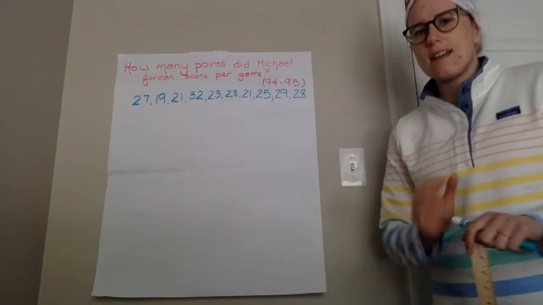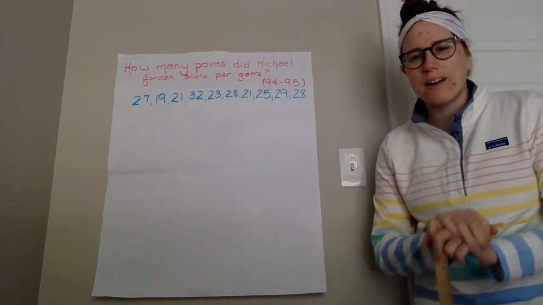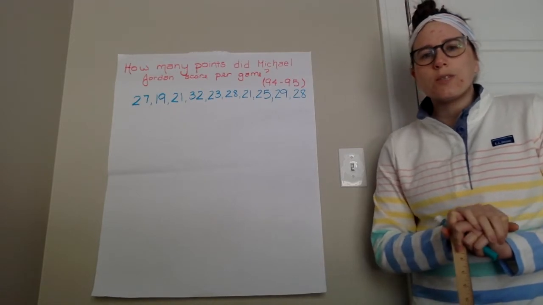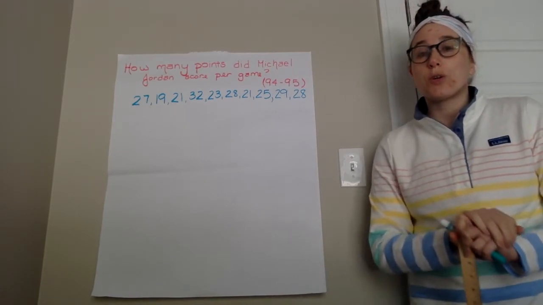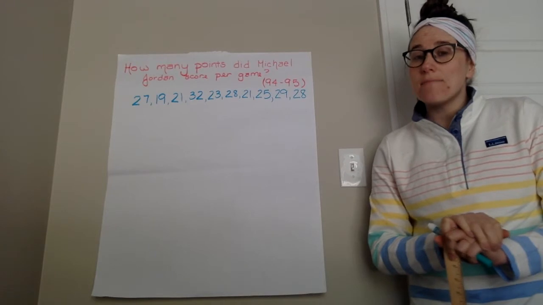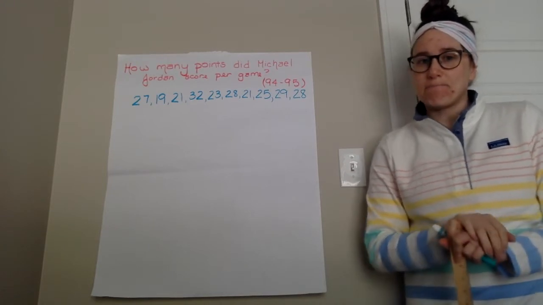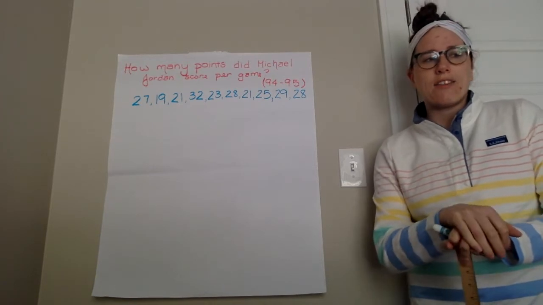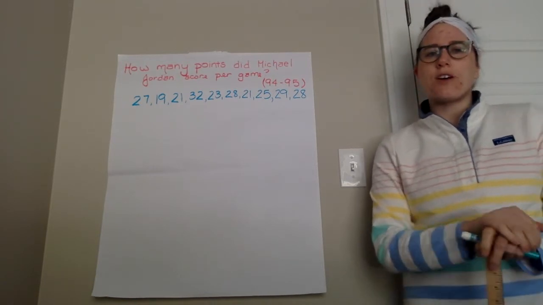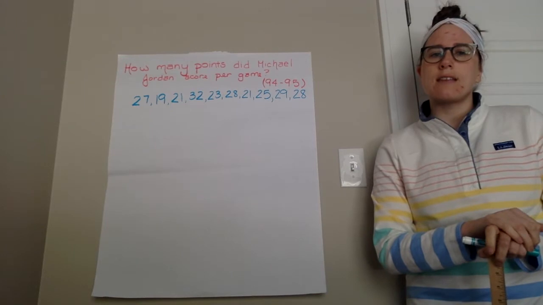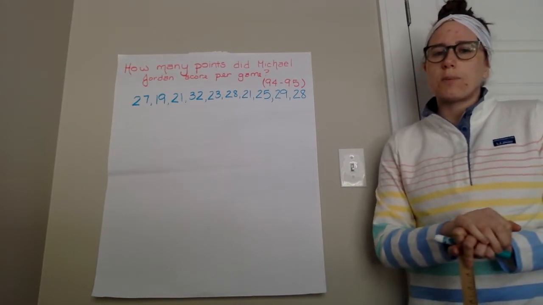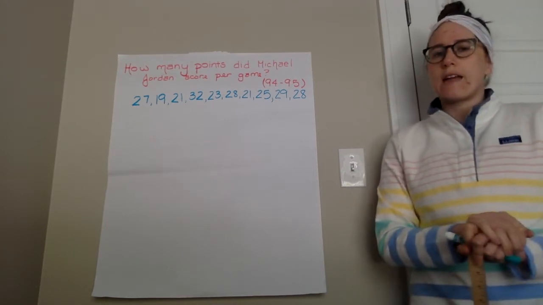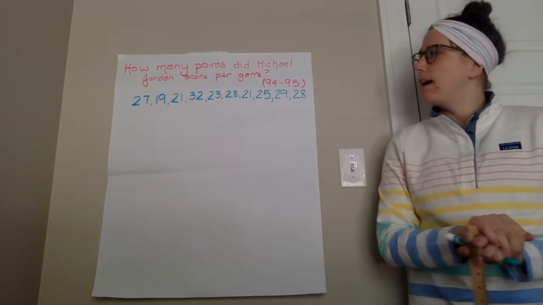Alright, hey guys. Today for our lesson, we are going to create a dot plot based on a data set. So if you can see here on my video, I have gathered some data. I wanted to know about how many points Michael Jordan scored per game in the 94-95 season.